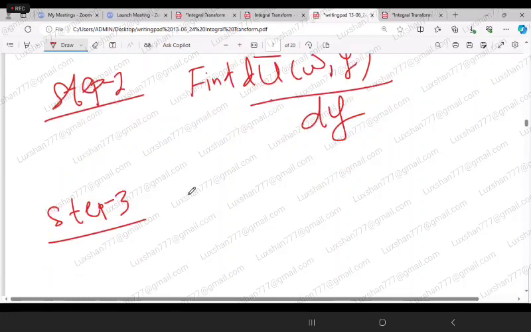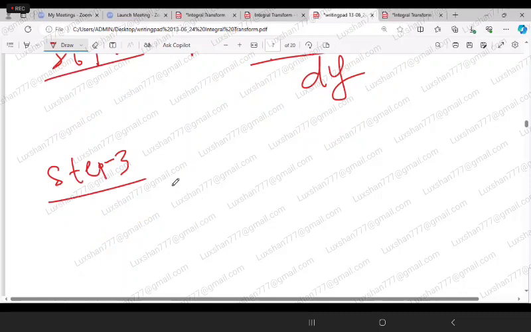Step number three, first one: find the Fourier transform of the initial condition.